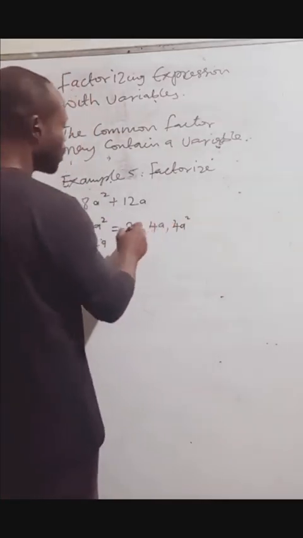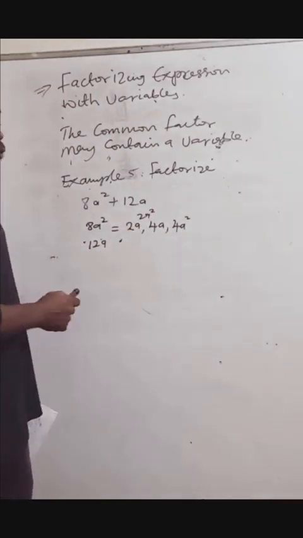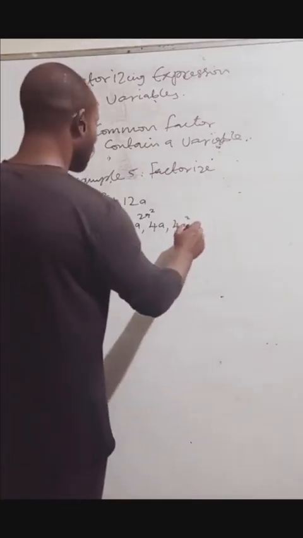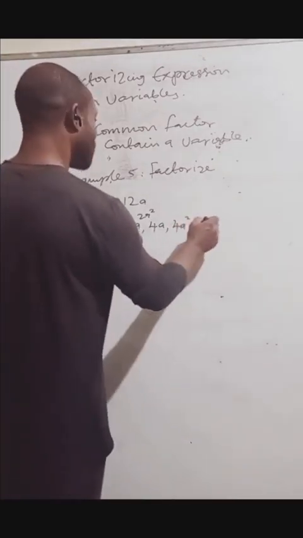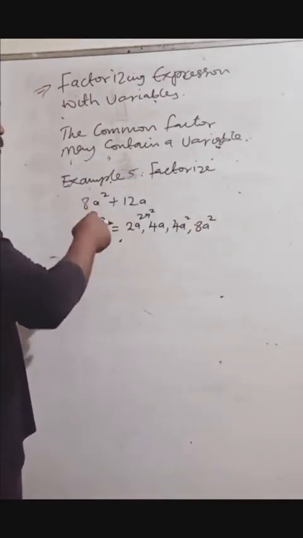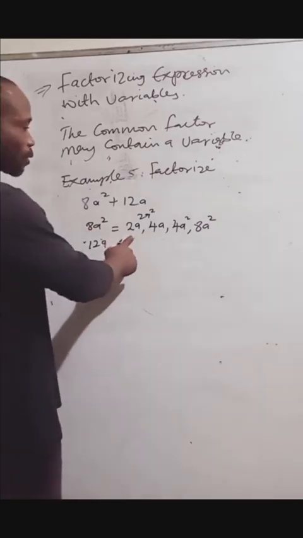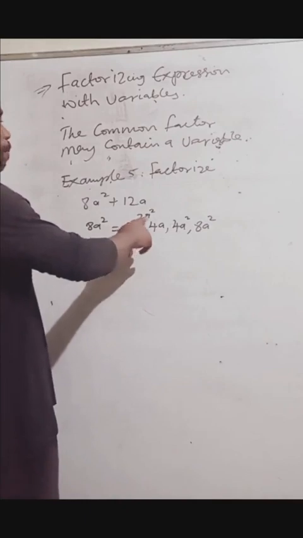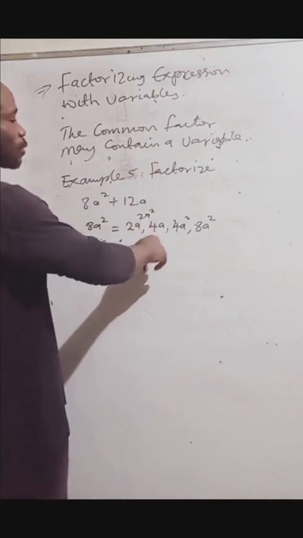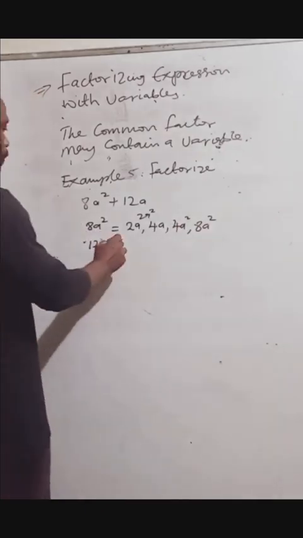Even 2a squared is also a factor, and 8a squared is also a factor. I'm not sure I did that in the previous example. So 2a is a factor, 2a squared is a factor, 4a is a factor, 4a squared is a factor, 8a squared is also a factor.